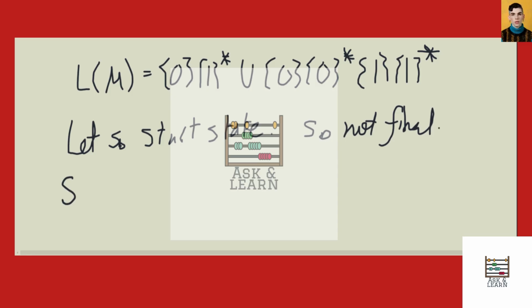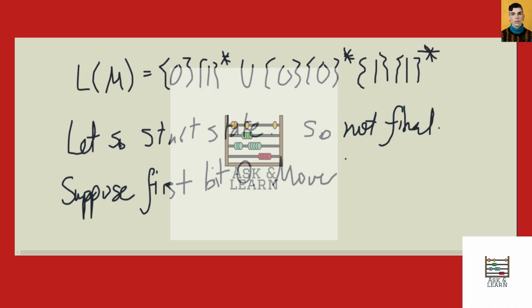Now, suppose that the first bit is a 0. And we see that 0 should be recognized by the machine, so we'll move to a final state. Call it S1.